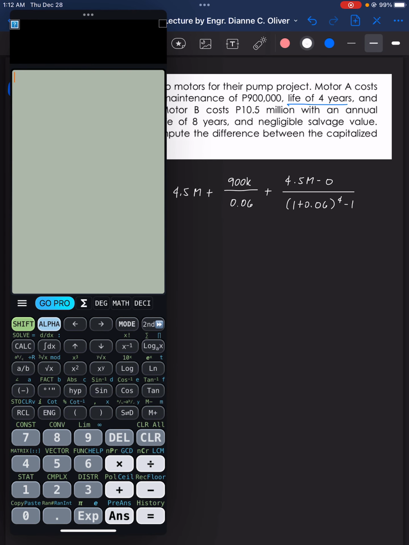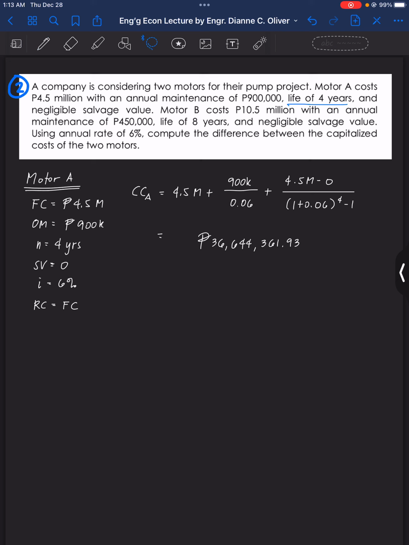So 4.5 million plus 900K over 0.06 plus 4.5 million over 1.06 raised to 4 minus 1. So that is 36,644,361.93. So that's for motor A.